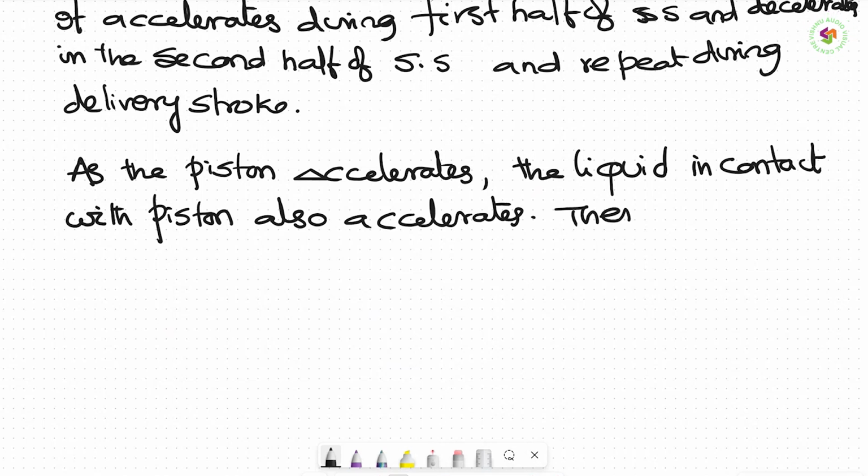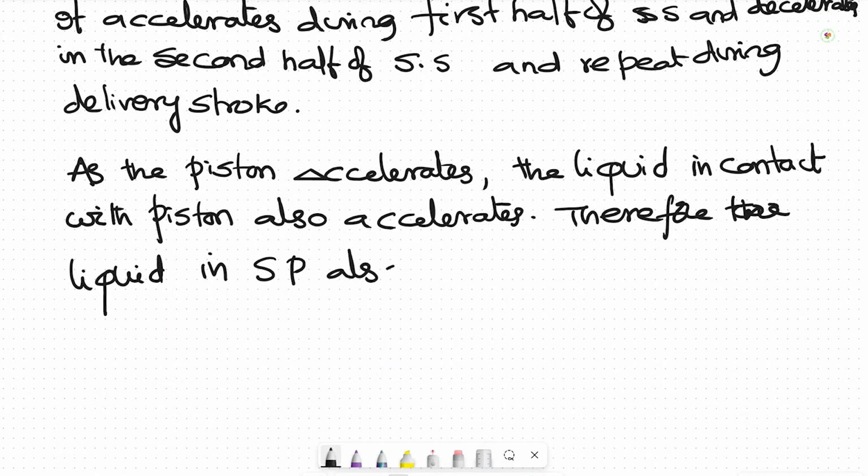Therefore, the water, the liquid in the suction pipe, also accelerates.